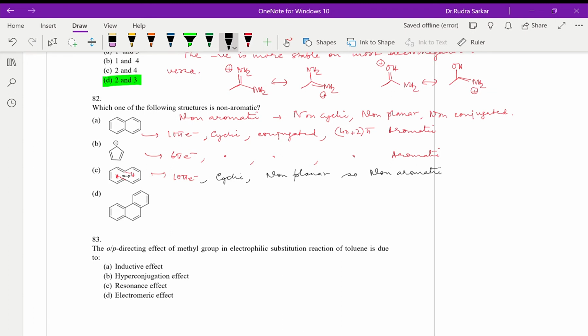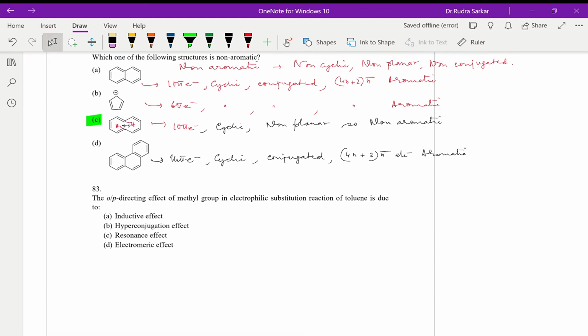This one over here is obviously phenanthrene, and we can say it is a 14 pi electron system. It is cyclic, conjugated, follows the 4n plus 2 pi electron rule, and is aromatic. So option C over here is the correct option.